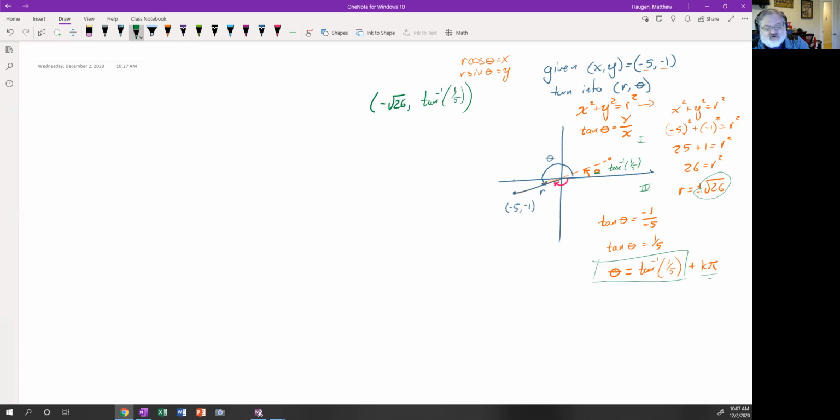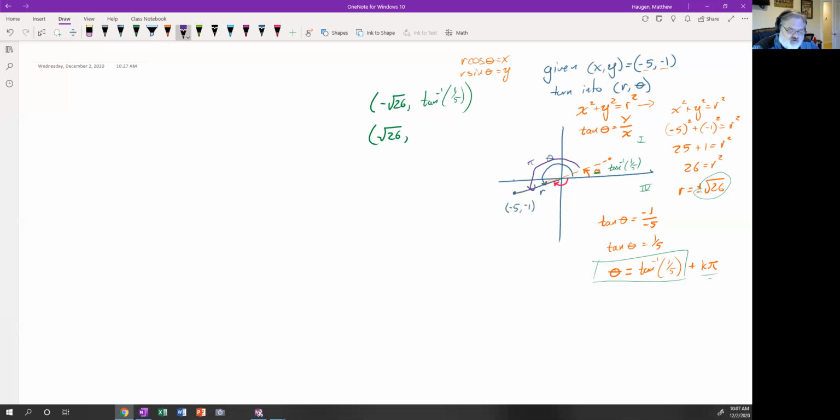To enter exact value, you have to put the tan inverse of 1/5. That's all you can put. Now, if you wanted to use a positive square root 26, you certainly can. But then instead of using that tan inverse of 1/5, we need to add that pi to it, right?